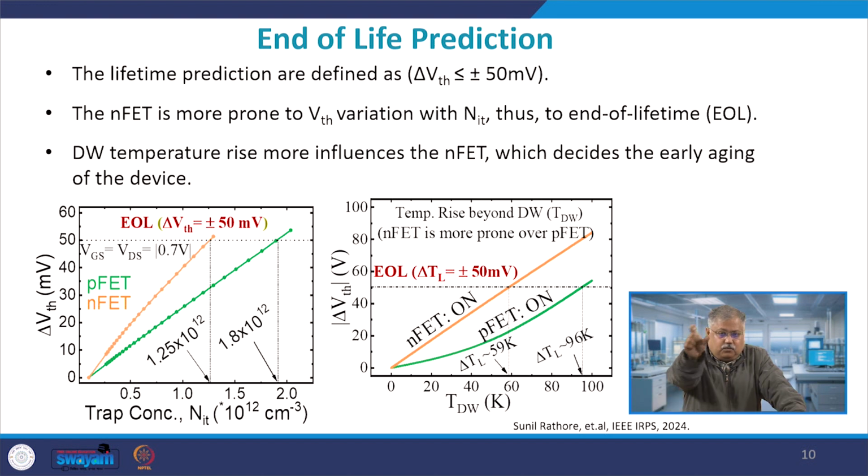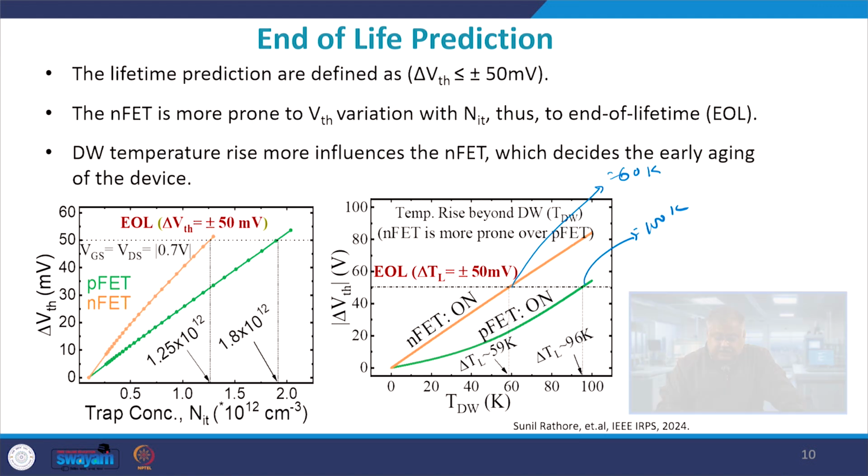Means if the thickness of the wall is 60 nanometer, it will cross here. Similarly, for PFET to be in an on state, you require about 100 Kelvin to be available with you. So this gives you 100 Kelvin, this gives you 100 Kelvin, and this gives you around 60 Kelvin, correct?